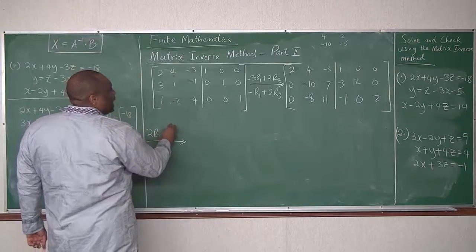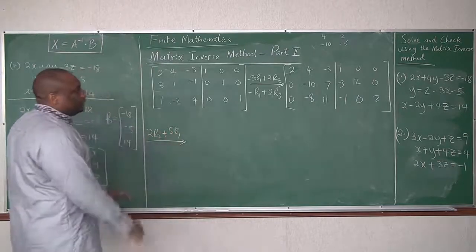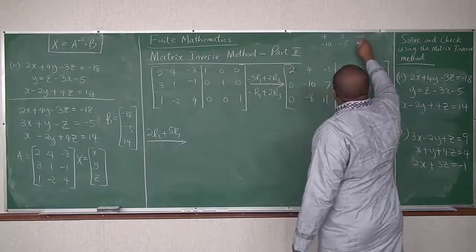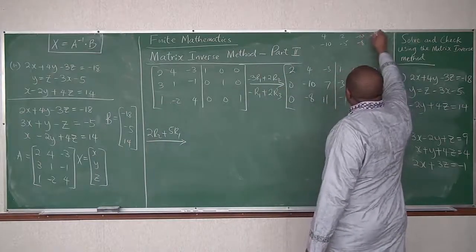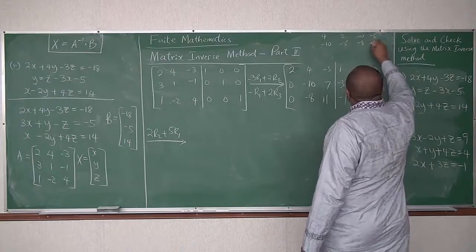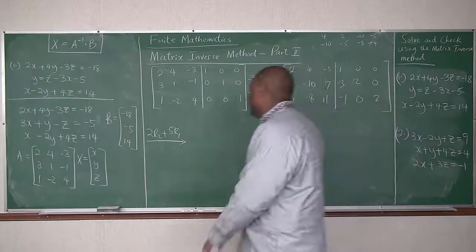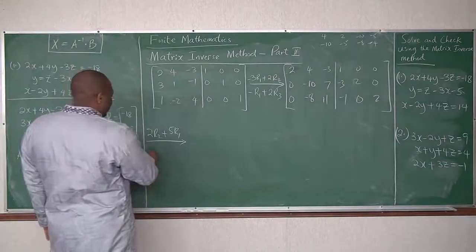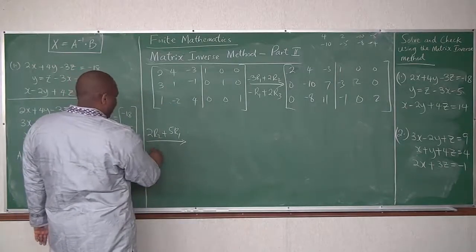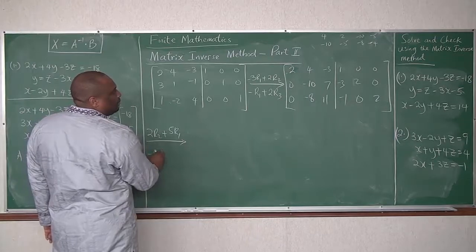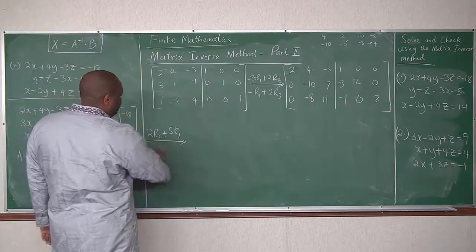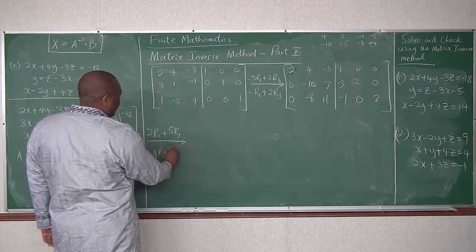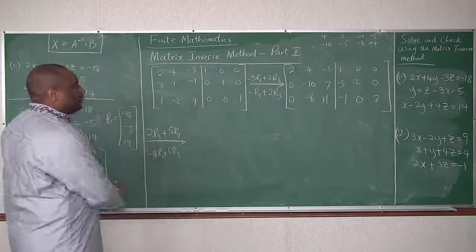2R2 plus 5R1. Then I have a negative 10 and negative 8. Minus 10 minus 8. So this is minus 5 minus 4. If I simplify it, so this will give me minus 5, minus 4, R2 plus 5R3, right?